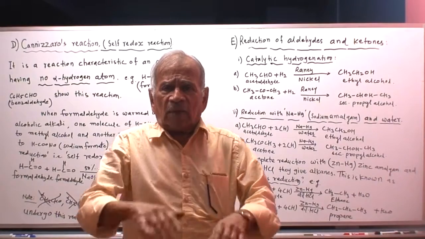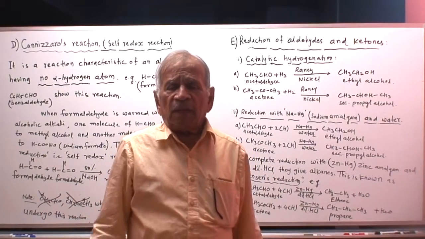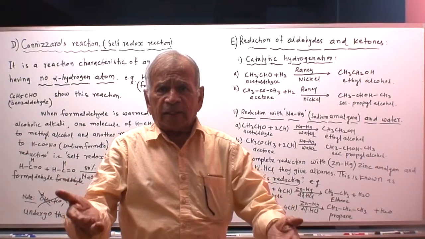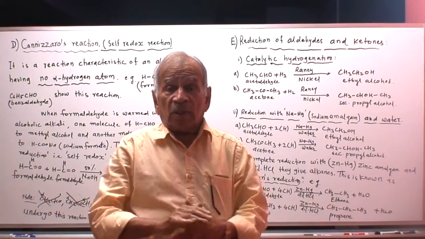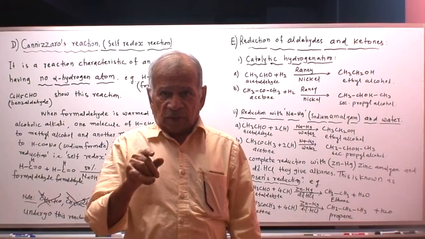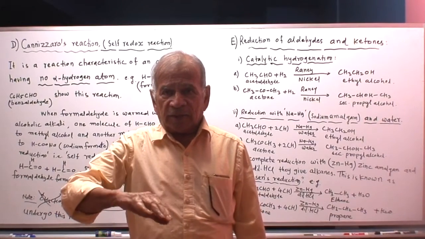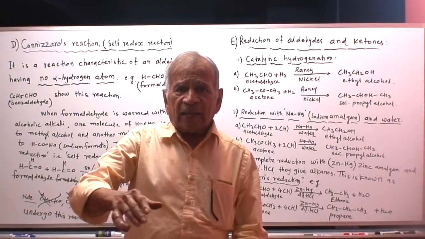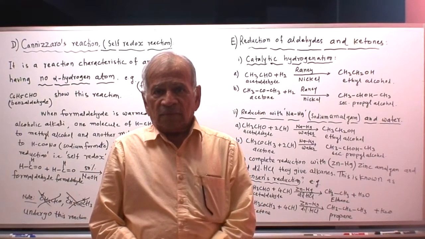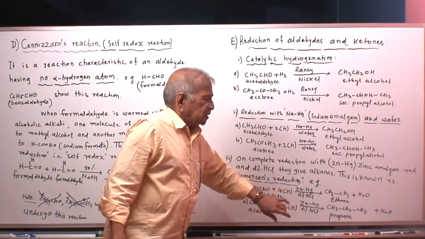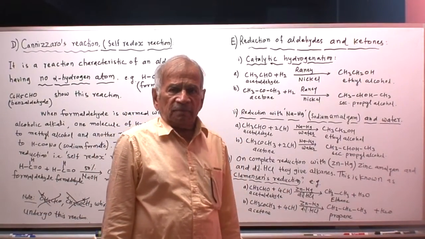This complete reduction is brought about by using zinc amalgam, an alloy of zinc and mercury, and dilute HCl, wherein we come across 4 nascent hydrogen atoms.